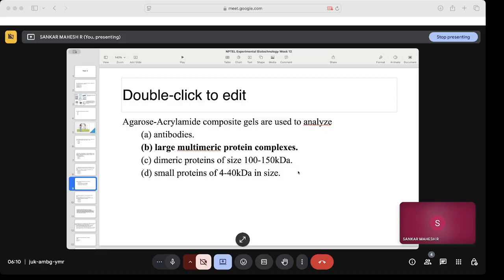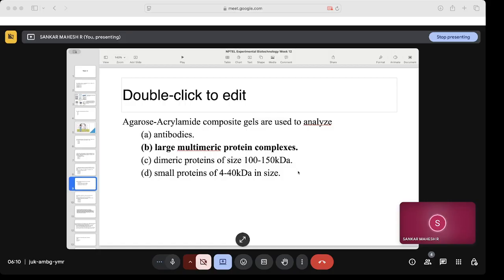These are on the order of megadaltons, which is very high. If you want to know whether your assembly has all the proteins involved in the protein complex, what one would do is run this on a gel and then expect the right molecular weight.